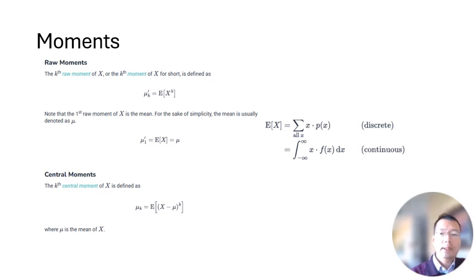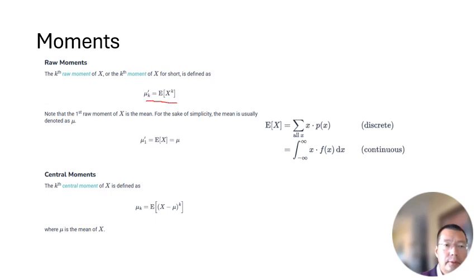The next concept that we are going to review is moment. And there are two different moments. One is raw moments, one is the central moment. So for raw moments, the kth raw moment of x, or the kth moment of x for short, is defined as mu prime k equals E[X to the power of k]. So it means it's the expected value of x raised to the kth power.